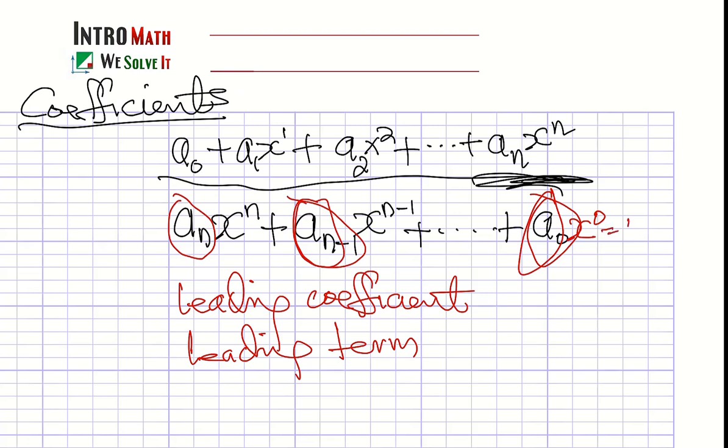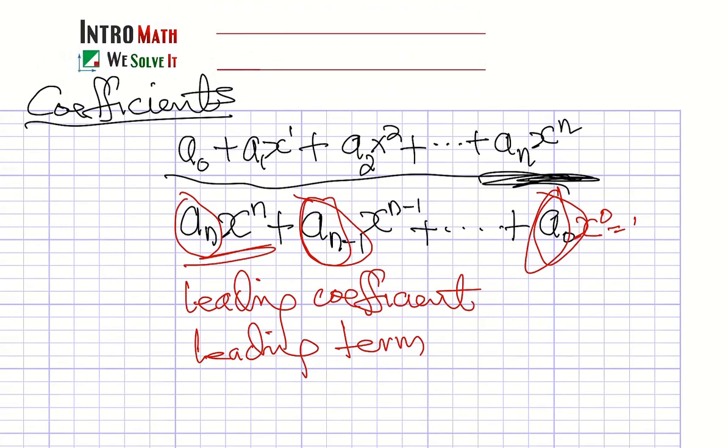So the leading coefficient is the coefficient with the highest exponent. In this thing here, the leading coefficient is an, okay? And then the leading term is this, an x to the n.